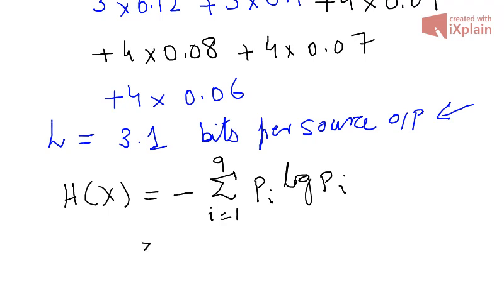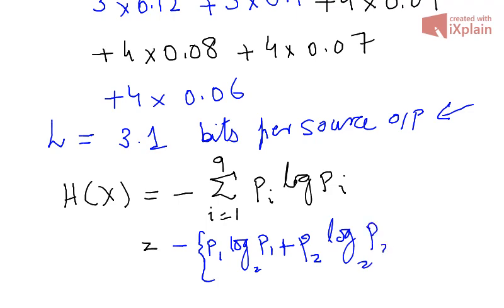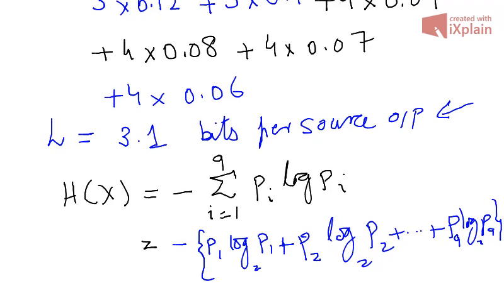You would have 9 summation terms here, because you have to write p1 log 2 of p1, plus p2, the second probability for the second letter, log 2 of p2, and so on. Just do it for all, up to p9 and log 2 of p9. If you compute it, you would get an answer.